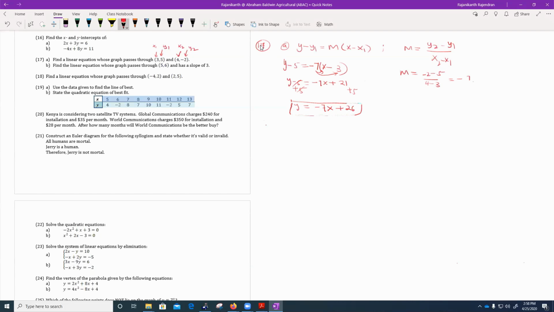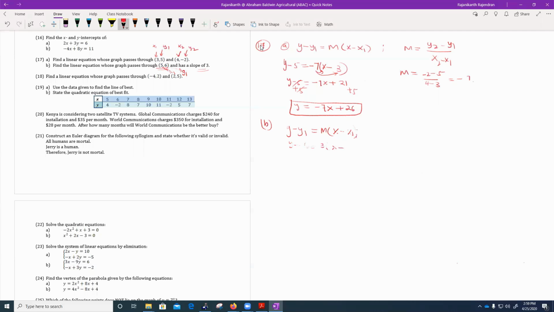Okay, now part B. You are asked to find the linear equation, but now you know only 1 point and the slope. The slope is already given, little m, so no problem. Again I am using the same formula: y minus y1 equals m times x minus x1. My x1 is 5, my y1 is 6, and the slope is 3.